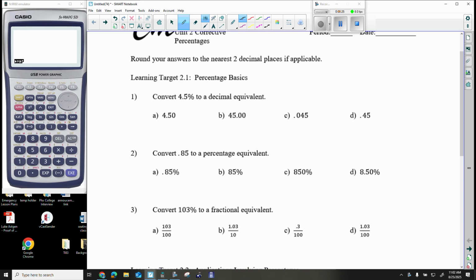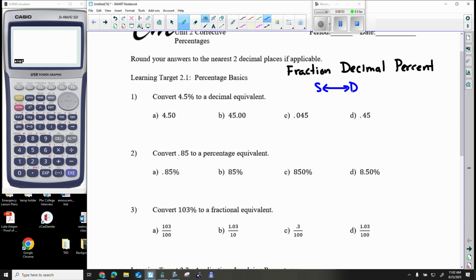Here we go. Questions 1, 2, and 3 are the transitions between fractions, decimals, and percentages. To transition between a fraction and a decimal, I advise you use the S-D button on your calculator.